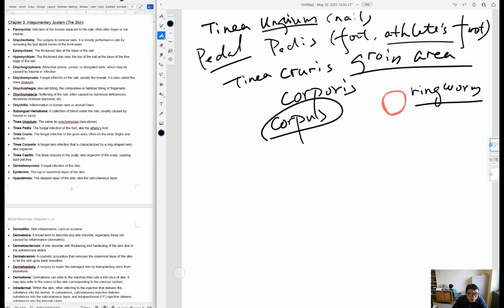If it happens in the scalp, we call it tinea capitis. It happens inside the scalp, with a ring and loss of hair in the region. The hair will grow back once the fungus has moved on.